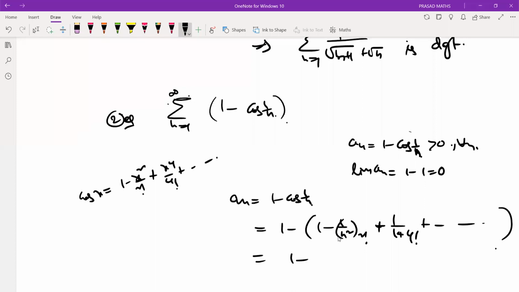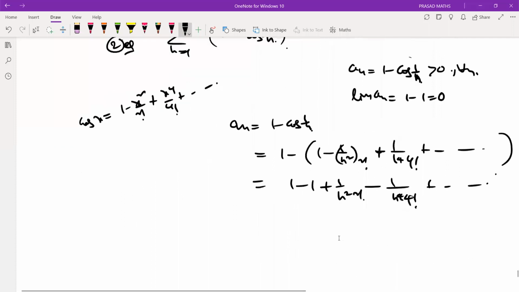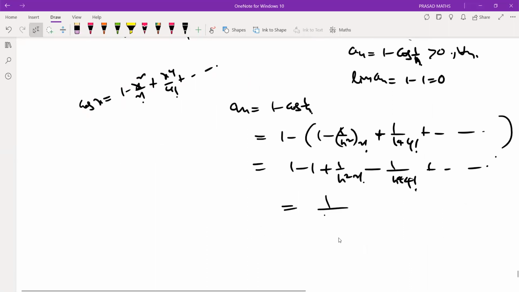So 1 minus 1 plus 1 by n square 2 factorial minus 1 by n power 4 by factorial 4 going on. Therefore what you have is 1 by n square 2 minus 1 by n power 4. I don't want to simplify this further, right?